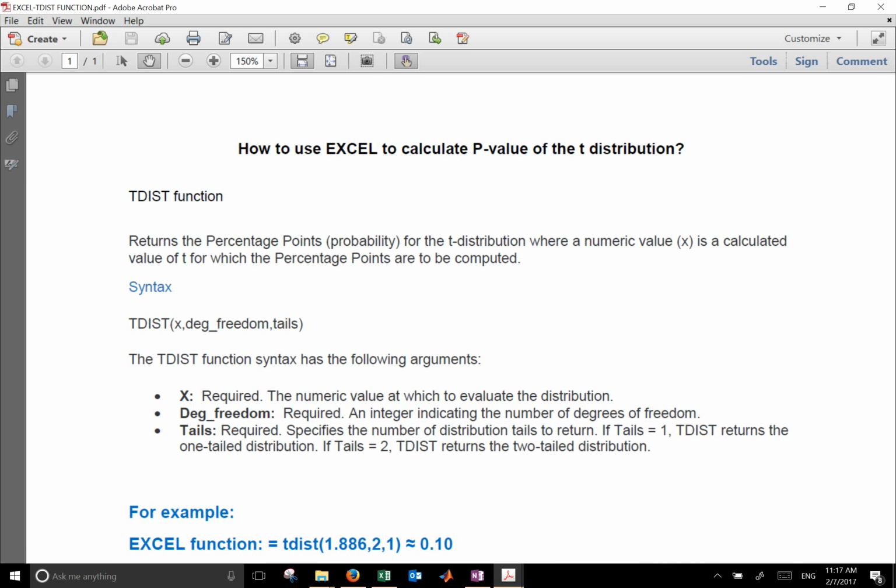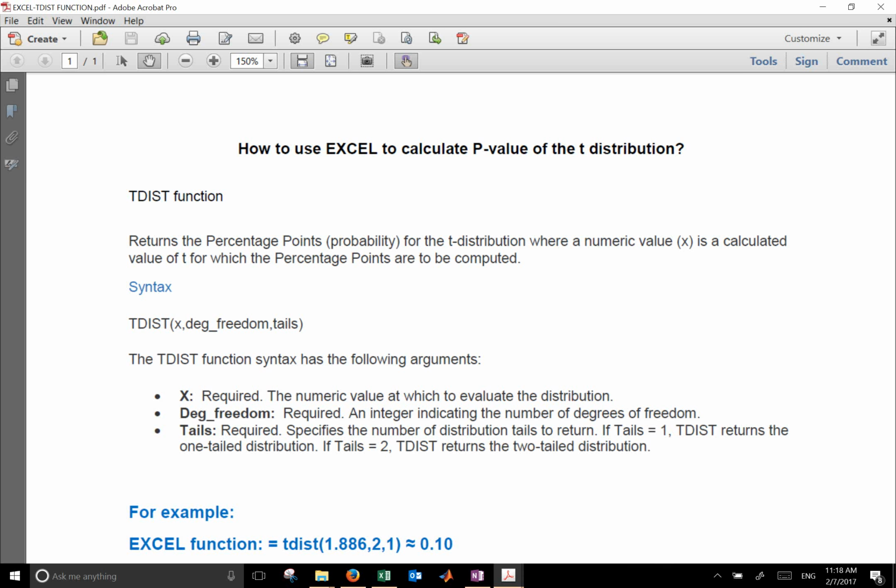Tails specify the number of distribution tails to return. You see here, that's different; it's not lower or upper. If tails equals 1, T.DIST returns the 1-tail distribution. If tails equals 2, it returns the 2-tail distribution.